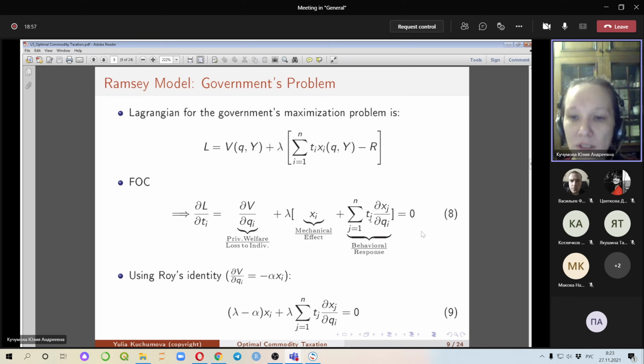So the total behavioral response is equal to the sum over all g of t_g multiplied by the derivative of x_g with respect to q_i.